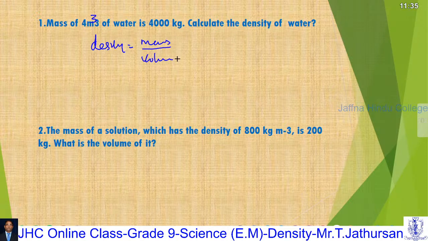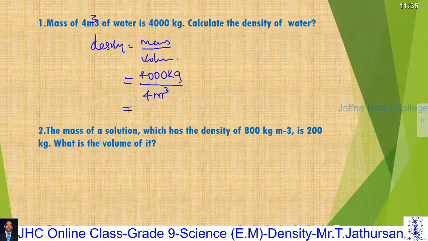Right. Density equals mass over volume. Mass of the water is 4000 kilogram and volume of the water is 4 meter cube.